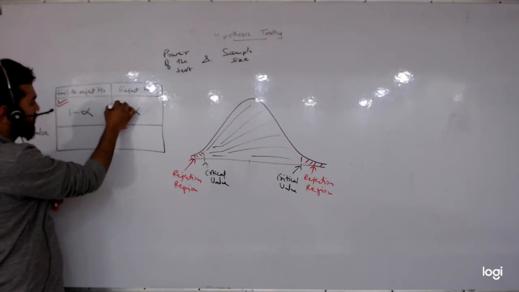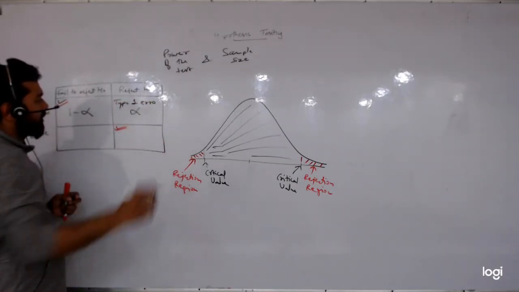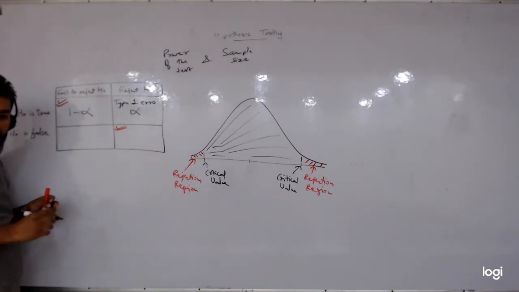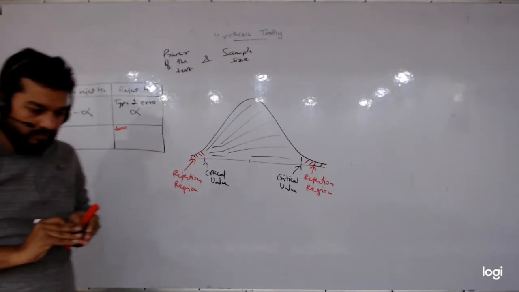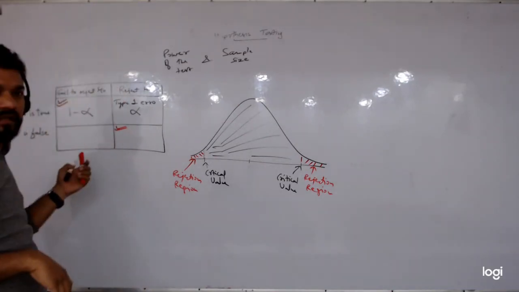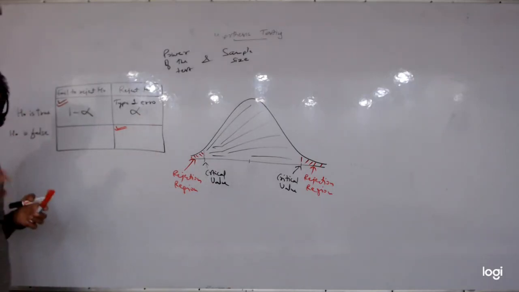Alright. Now, if it's true and we are rejecting it, we are making an error. In statistics, this is type 1 error. Alright. I'll explain after this slide how we actually get beta.